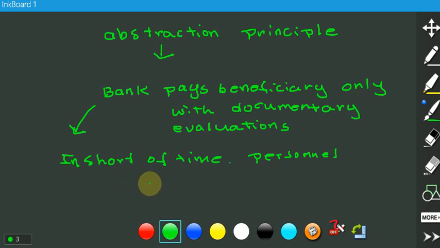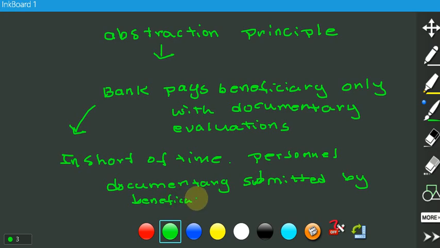The documentary submitted by the beneficiary is correct or not, correct or not to the content of the letter of credit.